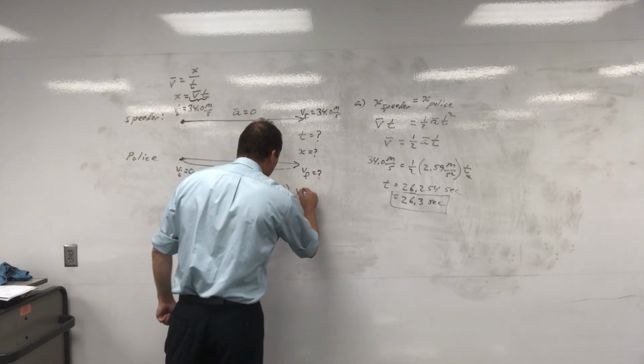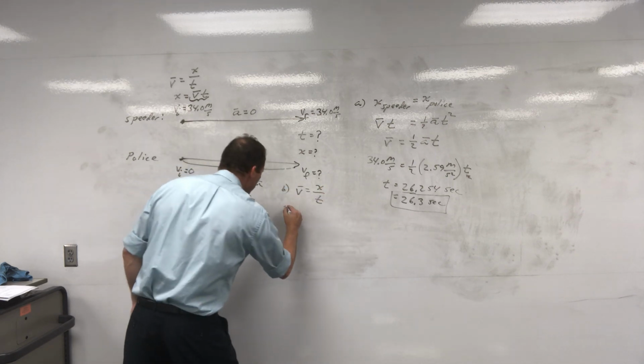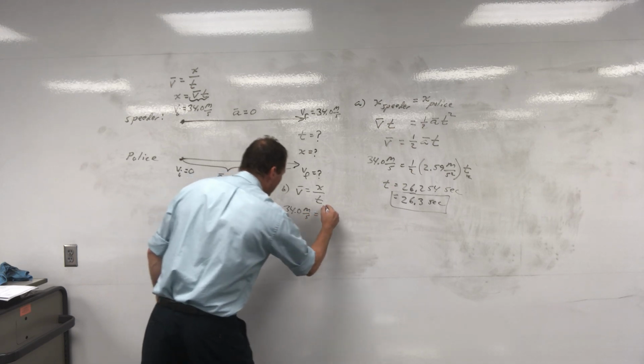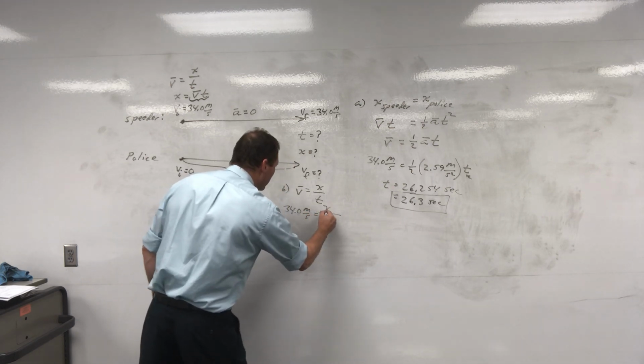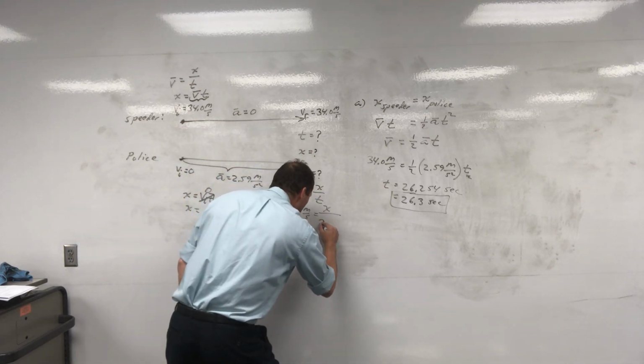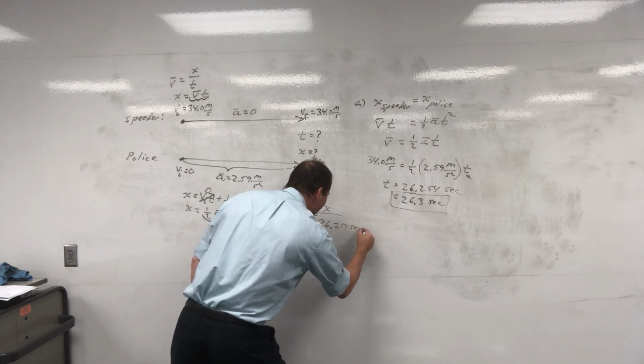So let's go ahead. Average velocity equals displacement over time. The average velocity is 34.0 meters per second. I'm looking for that displacement. And then the time, hey, I just found it here. So I'm going to use the unrounded off number, 26.254 seconds.